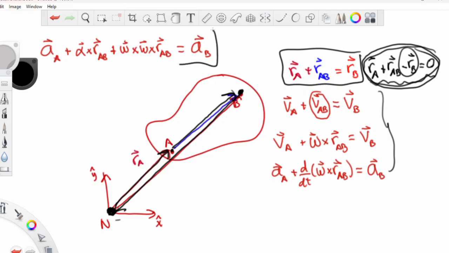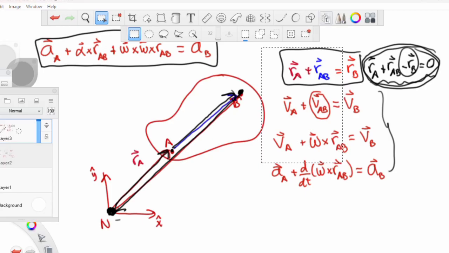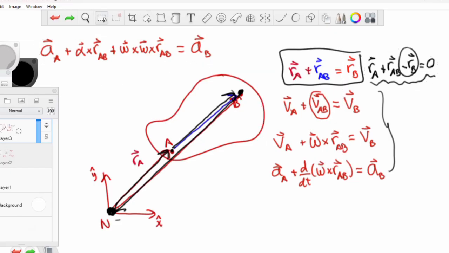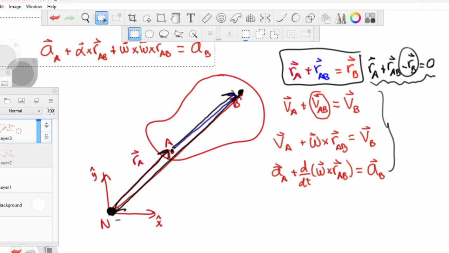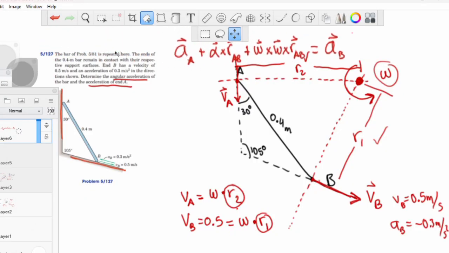So I will save this equation and clear the canvas up right here.